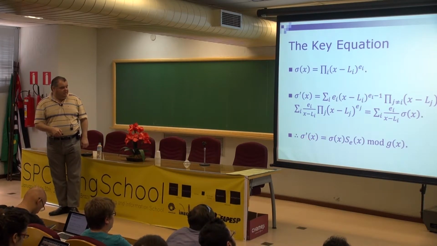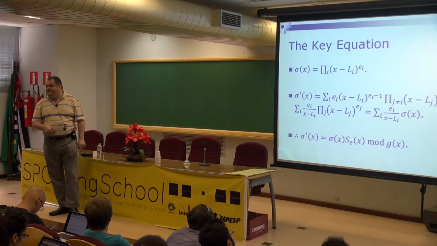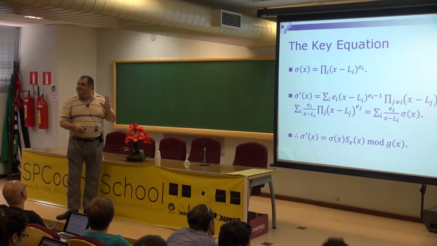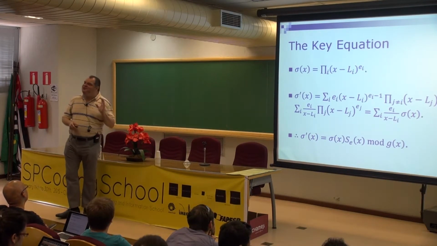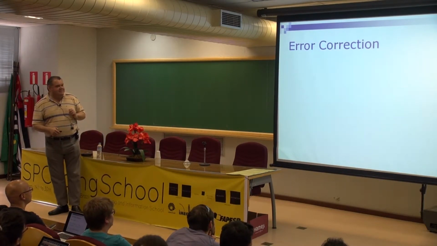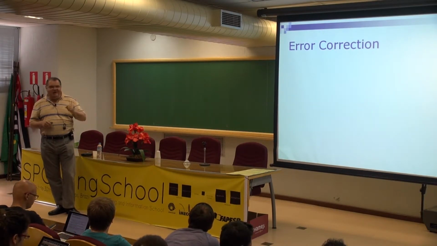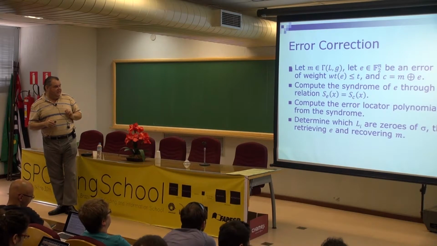Okay, so do we have to solve a differential equation mod g now? No. Let's be clever. Let's not solve a differential equation. Let's see what else we can extract from the key equation.